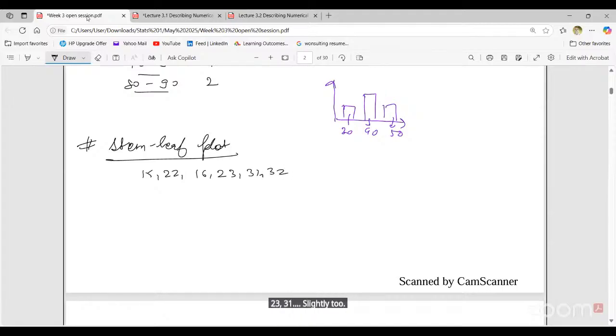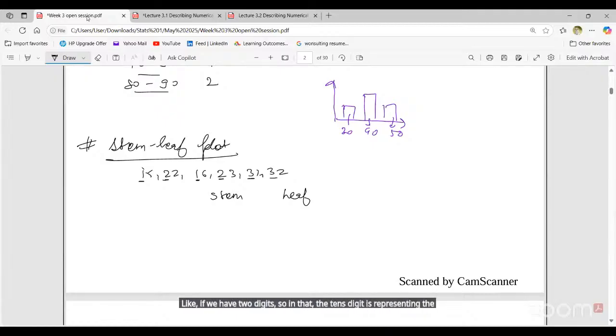These are my data. Now how am I going to represent it? I have two parts here: the stem part and the leaf part. The stem part consists of the leftmost digit, or you can say the tens digit. If we have two digits, the tens digit represents the stem.